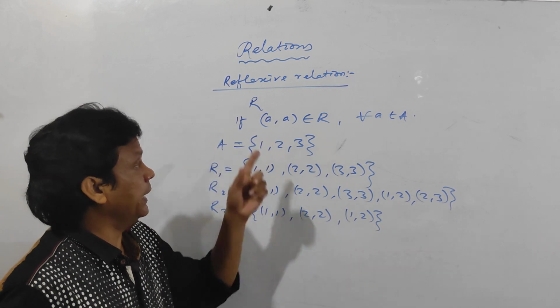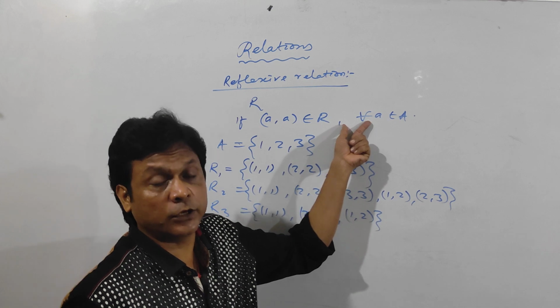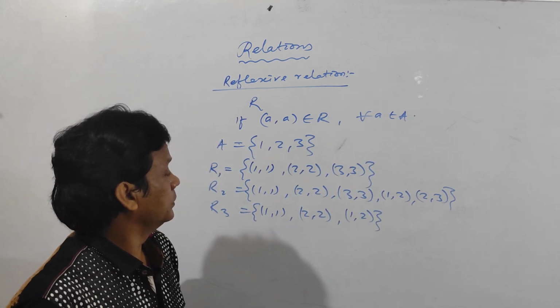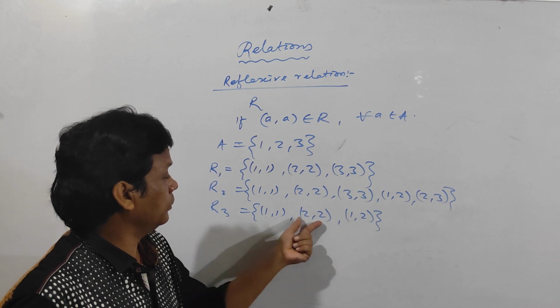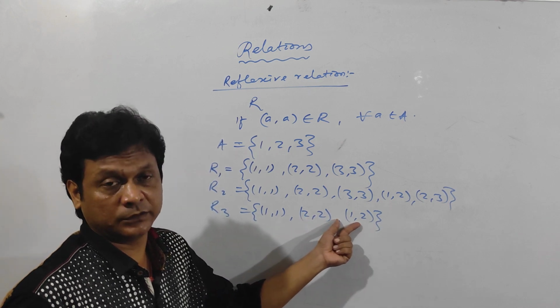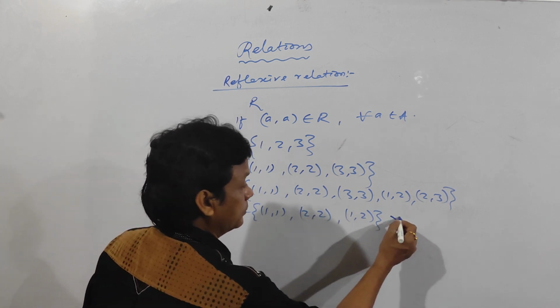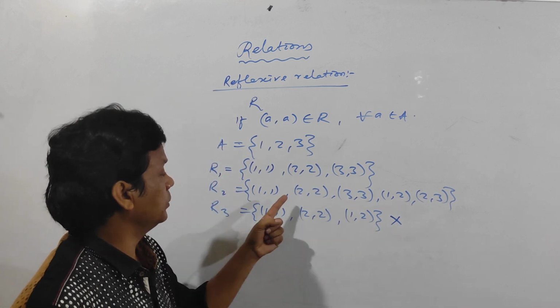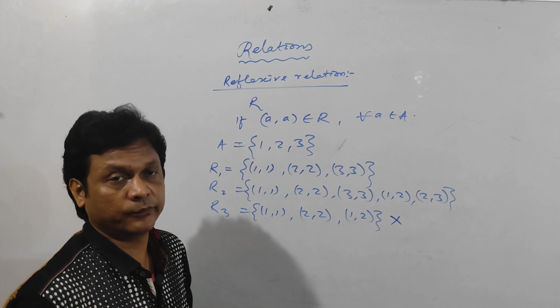I have told you, (a, a) belongs to R for all a, not for some a, for all a. Here, in R3, see here, (3,3) is not present. So this is not reflexive. Here (1,1), (2,2), (3,3) are present. So this is also reflexive, this is also reflexive.